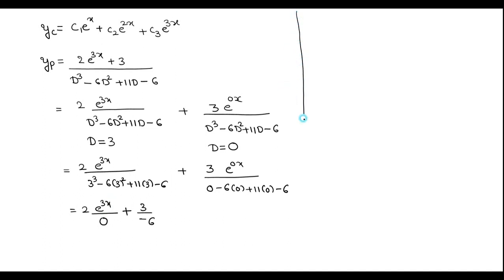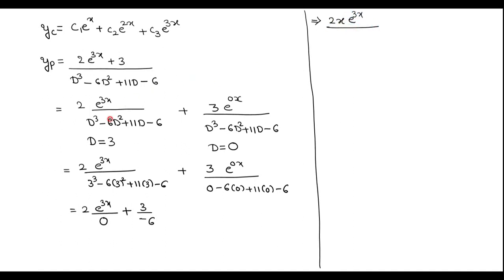So in such cases, after substituting D equal to 3, or D equal to a, the coefficient of x in the exponential function, if we get the denominator as 0, then we take x in the numerator: x e raised to 3x divided by the derivative of the expression in the denominator.